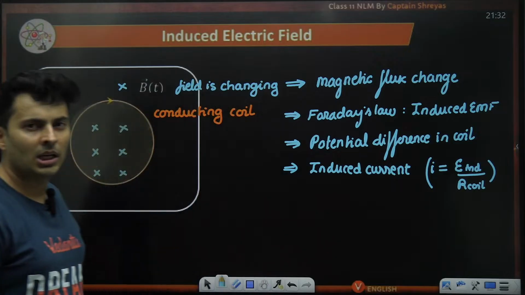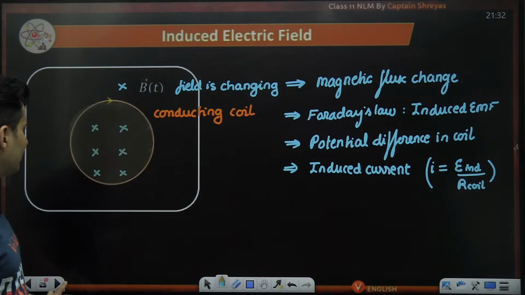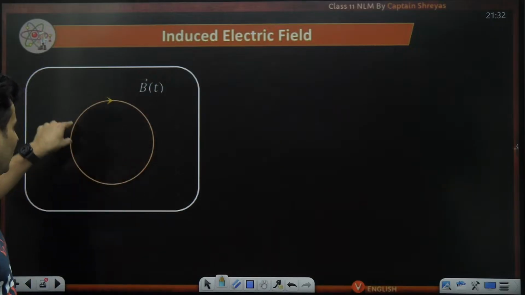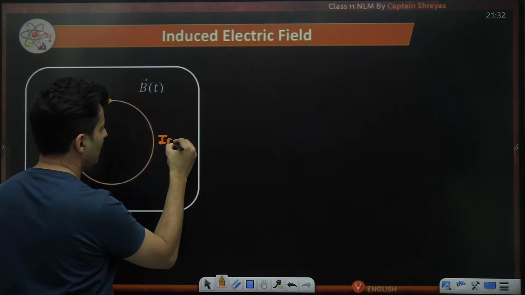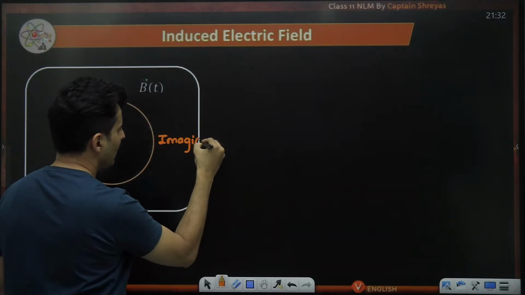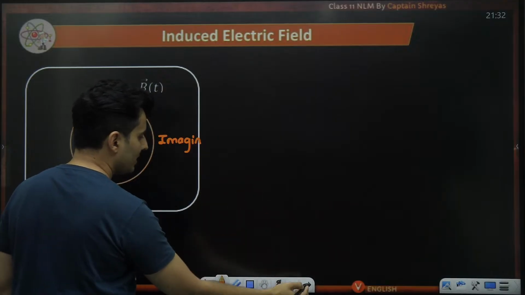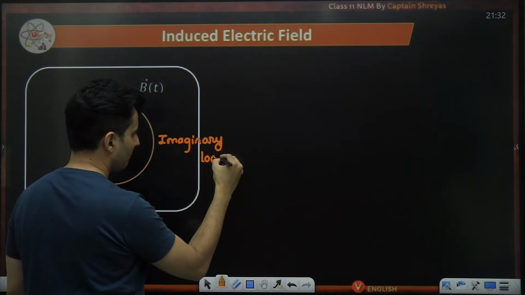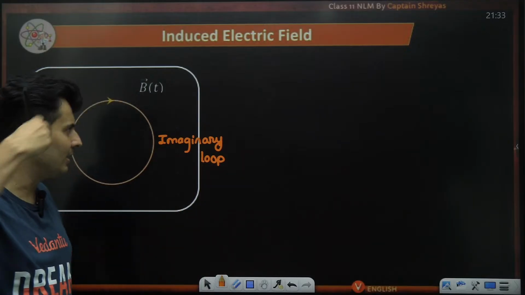Okay. Now I will do one thing. I will just say there is no coil, but this is an imaginary path, an imaginary loop. There is no actual loop, just an imaginary circular path.